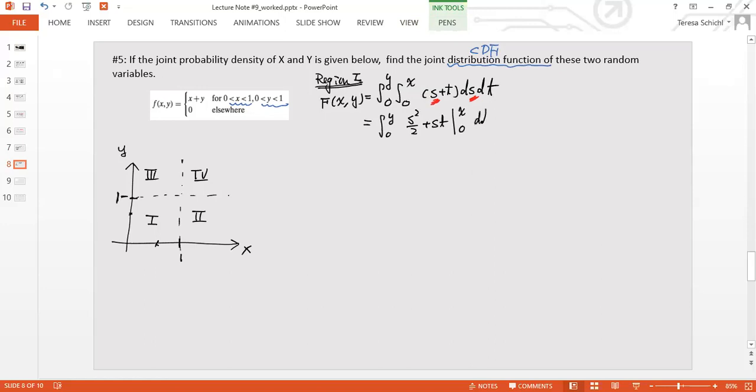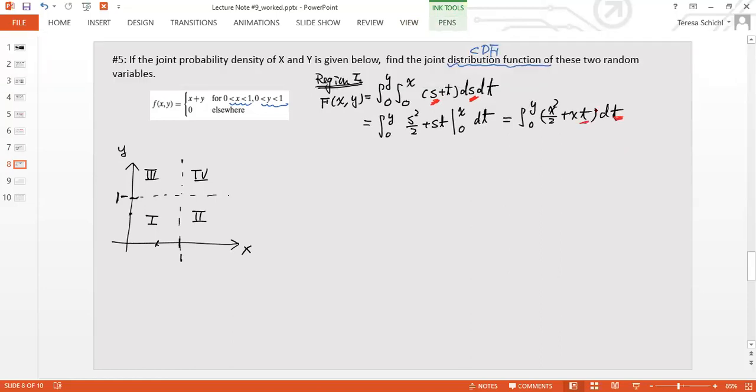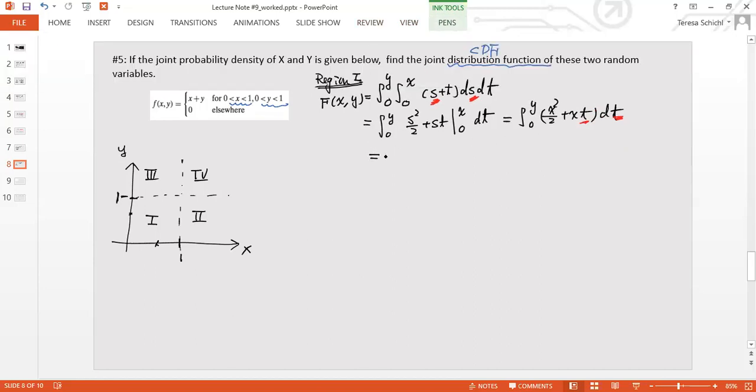You still have the dt here. Putting in X, this will be 2 of X squared plus X T. Now integrate with respect to t, and the final answer here is 1/2 X Y times X plus Y.